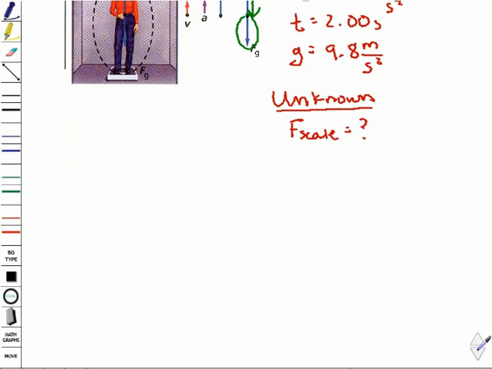For this situation, we're going to go back to one of Newton's laws, in that the net force on an object is equal to the object's mass times its acceleration.